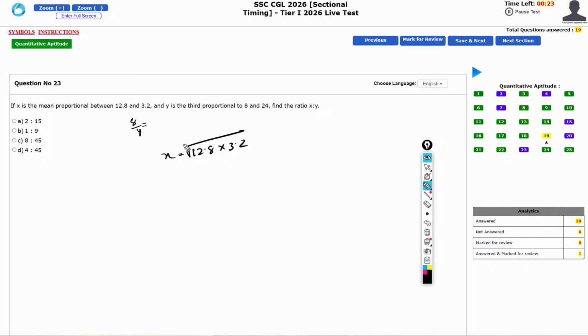So y by 24 equal to 24 by y. So y equal to 24 square. Y equal to 24 square into 8. So 3.2 to, I don't think I have enough time. Try again.